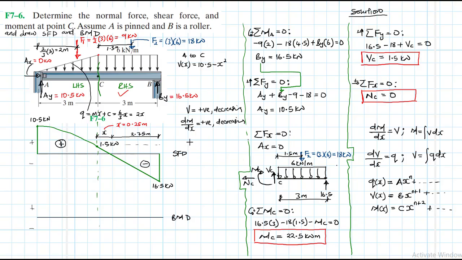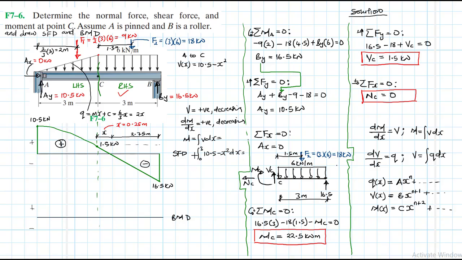And then its magnitude is just going to be equal to the area under the shear diagram, which is equal to integrating from 0 to 3 of our shear function, and our shear function we said is 10.5 minus x squared dx.